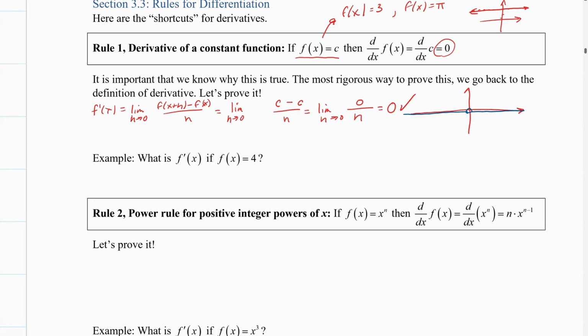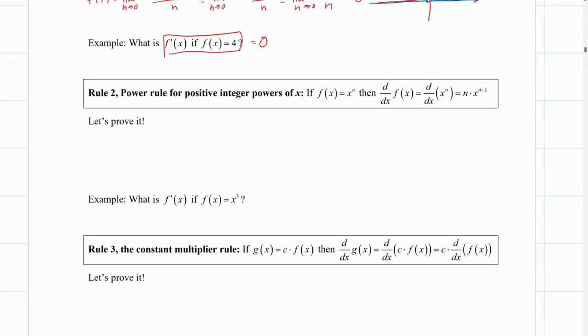Okay, so what does that mean? That means when you hit this problem, hey, what's f prime if f of x is equal to 4? You don't need to go and do the limit definition anymore. You can just say, oh, I know the derivative of a constant is 0, and you're done, because we've proved it in the most general sense. All right, that's called the constant rule.